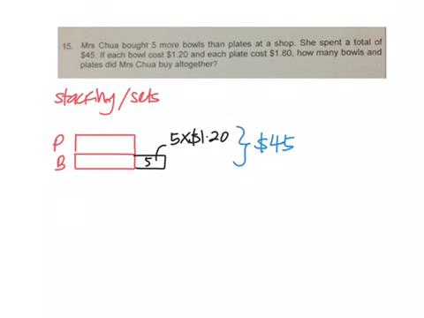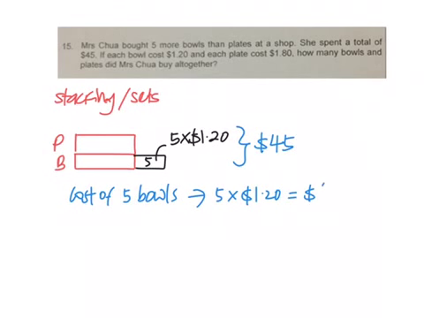So we always ask ourselves, which is not the same? Can we take away the extra to make them of equal number? So if I take away $6, which is the cost of the extra 5 bowls, will be 5 times $1.20.